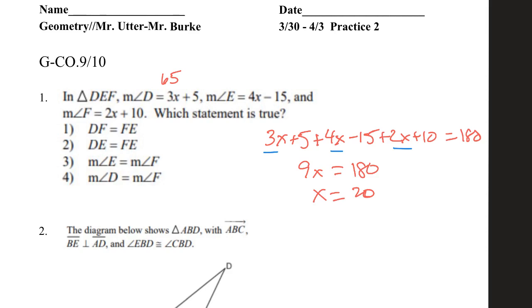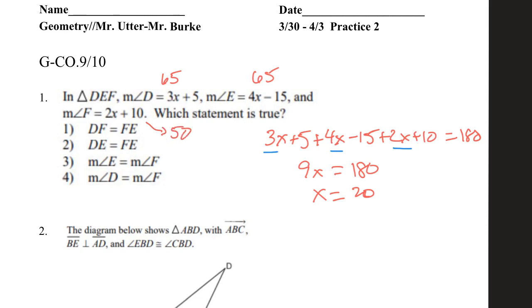That gives us 65 again. So automatically right now, I know that this is an isosceles triangle because two of the angle measures match each other. But let's just figure out the last one. So the measure of angle F is going to be 2 times 20, and then add 10, and that gives us 50.